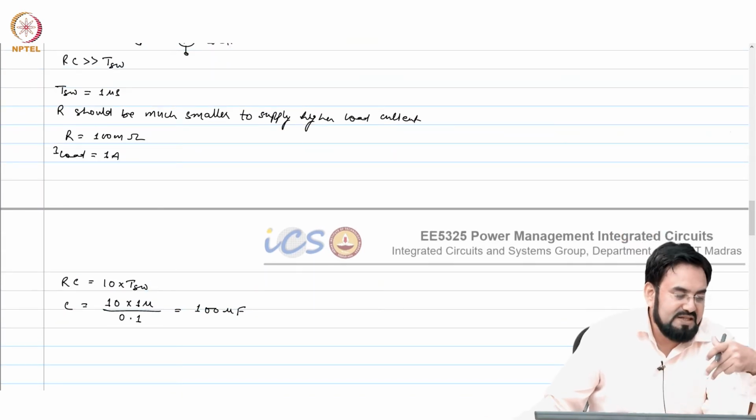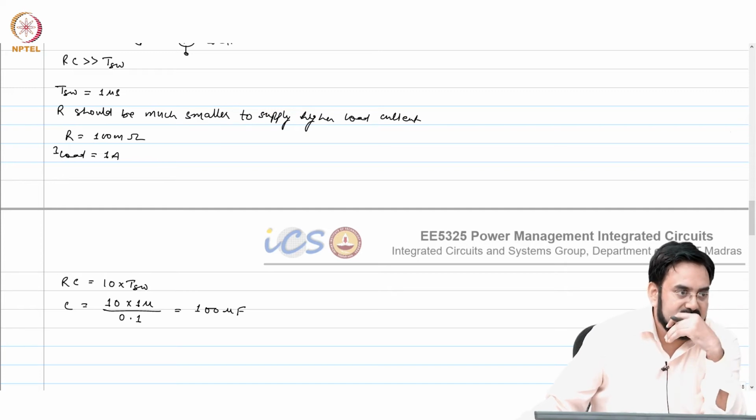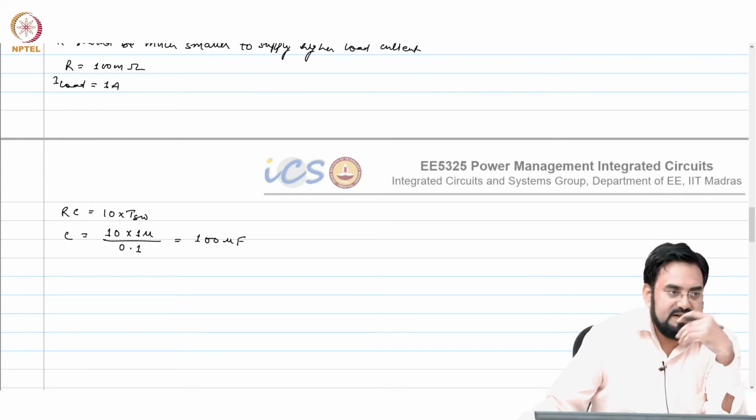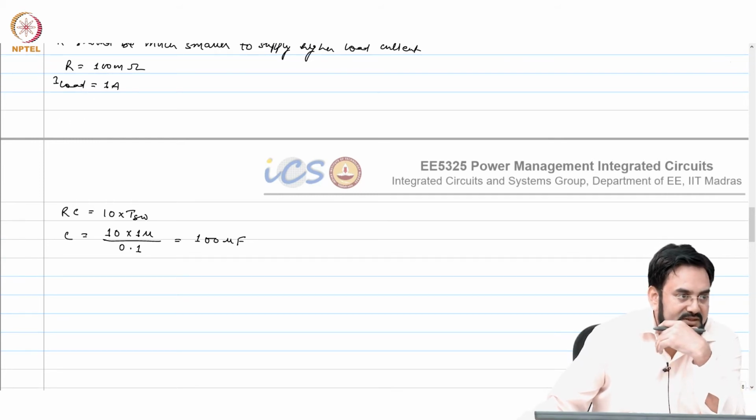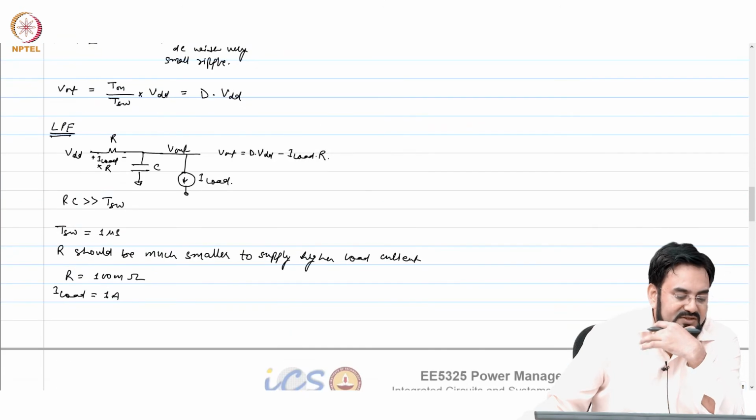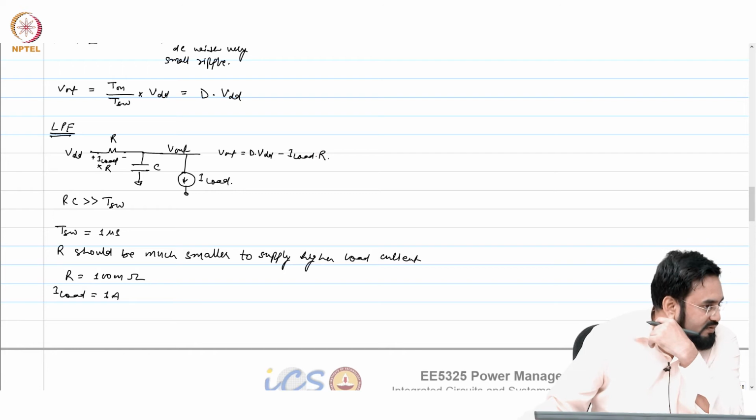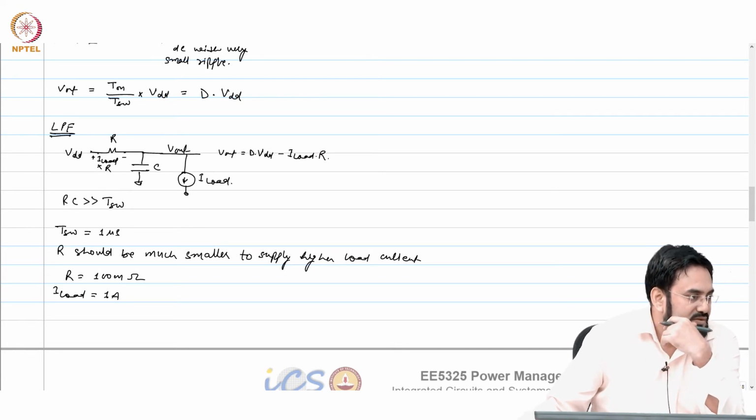And even this 10 times I am considering is on the lower side actually. Usually you would like to have a time constant even much larger, so that your ripple can further reduce. So 100 microfarad is not a small cap, it is a huge cap actually. So it is not feasible to implement with RC, because it will require a very large cap, which is not practical actually.